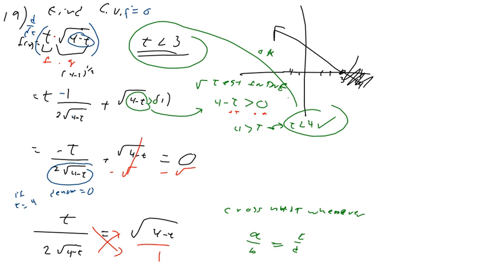Is this value t equals 4 allowed in our equation? No, t has to be less than 3. 4 is not less than 3, right? So because of this, we say this is not allowed. It's not in the domain.